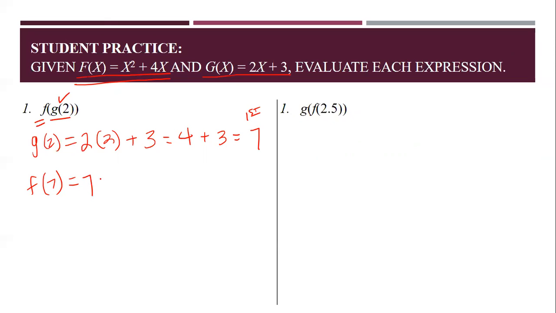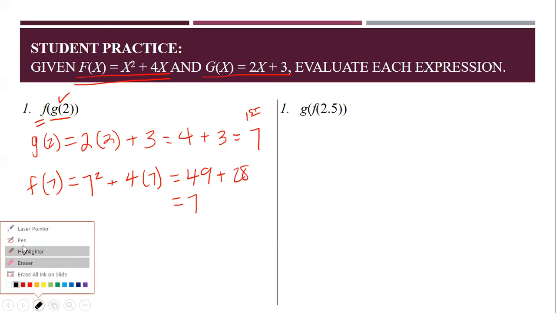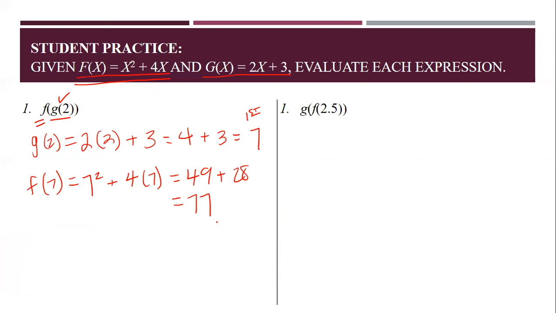Where there's an x, it's going to become 7 squared plus 4 times 7, which gives me 49 plus 28, which equals 77. And that is my final output.